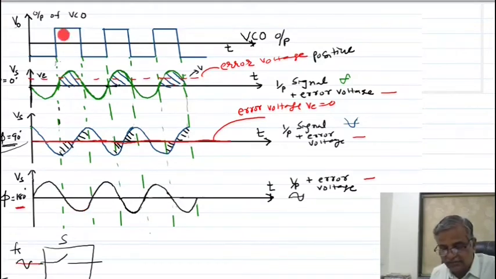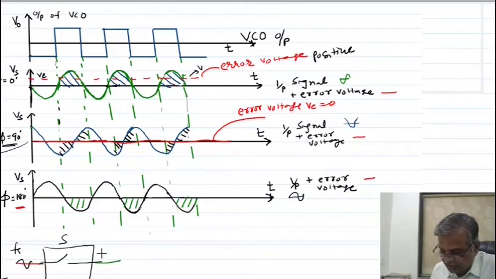During this time your switch is closed. So these and these, if I combine, only this much portion of the signal will be passed. You know that the signal will be passed only during the positive half of the square wave.